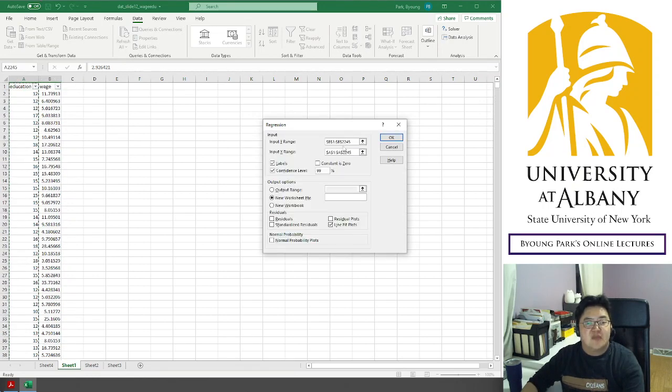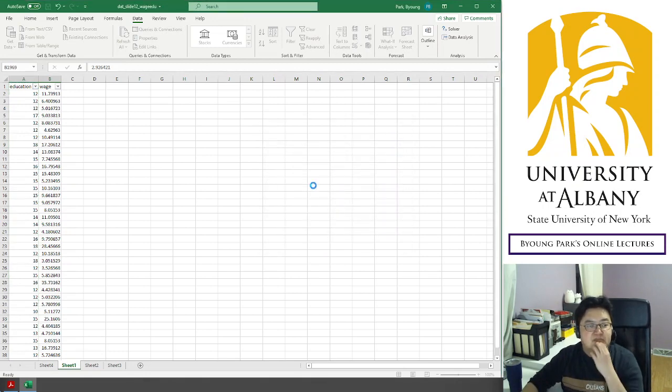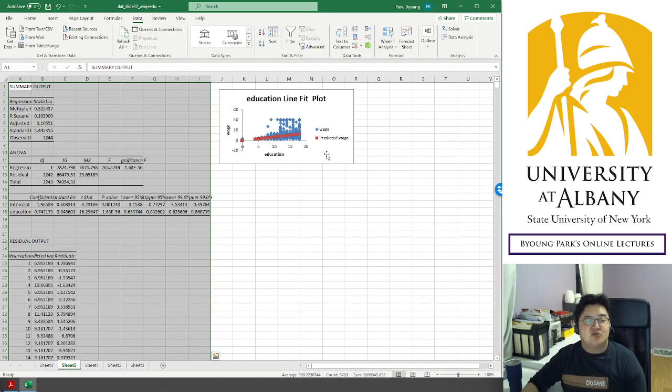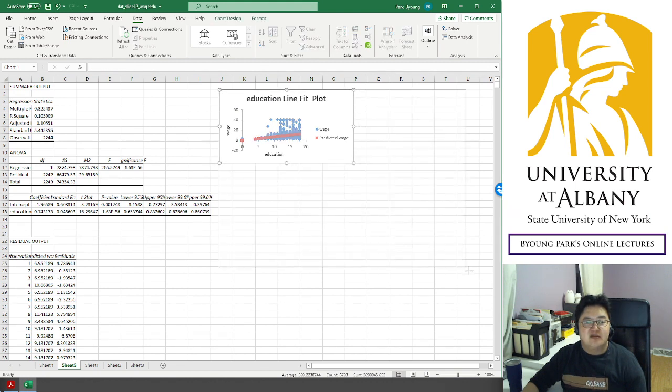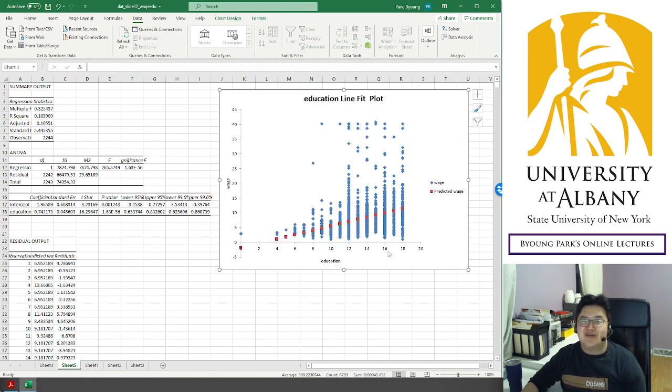Without dragging, you can just click Control Shift and arrow, but I just did it by mouse. Okay, I chose it, and first this is the plot I ordered. I checked the option, so it shows the distribution.